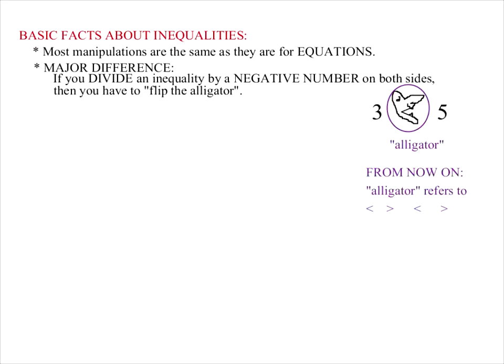Those from now on are going to be called alligators. Because I don't want to use the word sign, because I'm going to use sign to refer to plus and minus. So this is just to prevent confusion, because otherwise if I say sign, you're not going to know whether I mean pluses and minuses or whether I mean alligators.